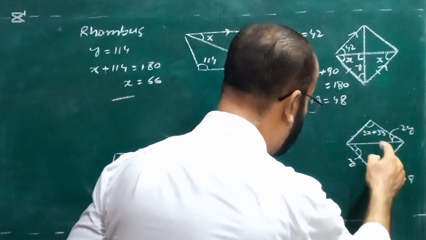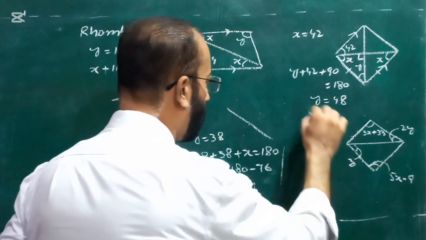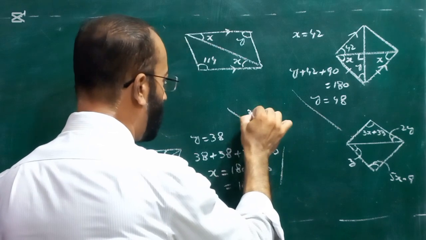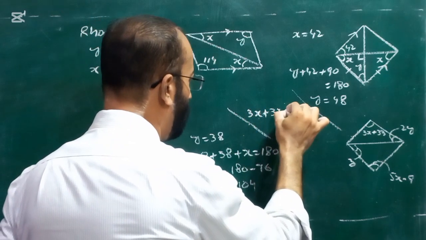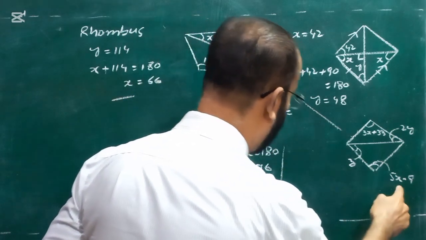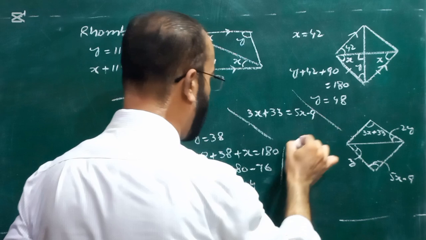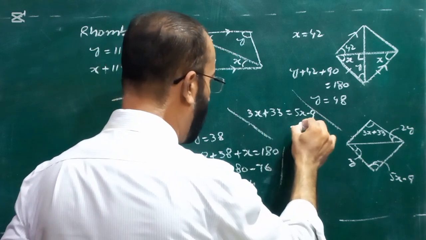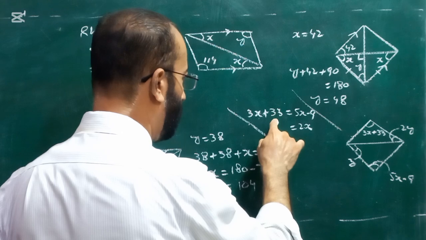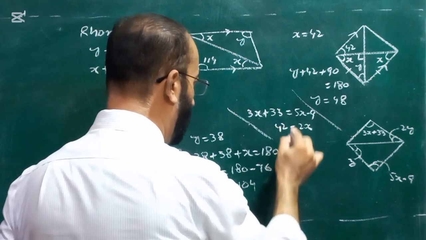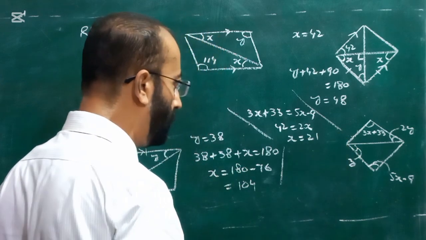So it means 3x plus 33 should be equal to 5x minus 9. 3x will go to the right side and minus 9 will come to the left side. And from here, the value of x is 21.